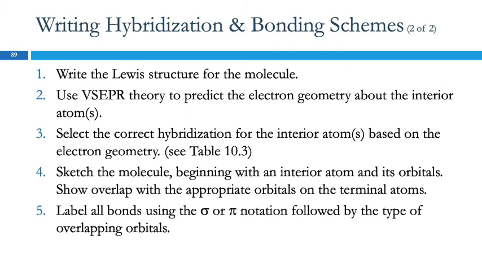So you start with the Lewis structure. You're going to use VSEPR theory to find the number of electron groups or the geometry. You're going to take that many orbitals and hybridize them. And then we sketch the molecule. You start with the interior atom and its orbitals, and then you show overlap with the orbitals of the terminal atoms. And you would label the bonds with the sigma or pi notation.